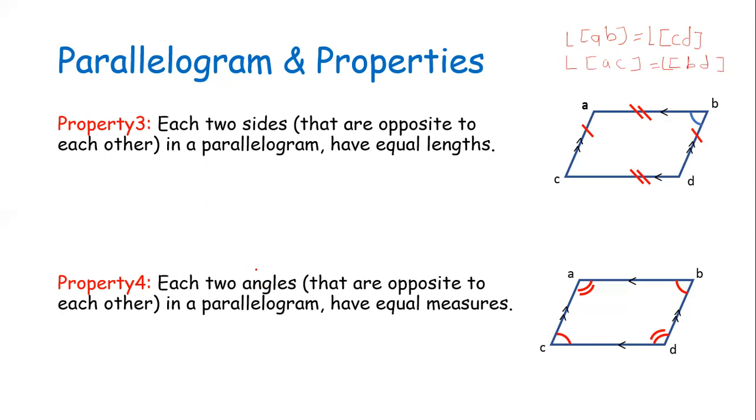Now the last property: each two angles that are opposite to each other in a parallelogram have equal measures or equal sizes. So we have here, for example, the angle A is opposite to the angle D. So we write, for example, A and D are opposite.